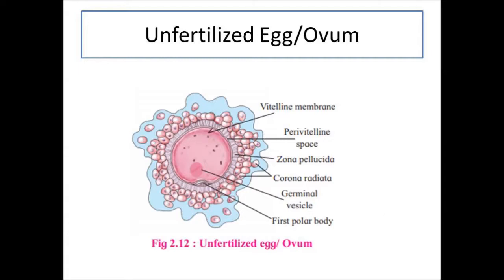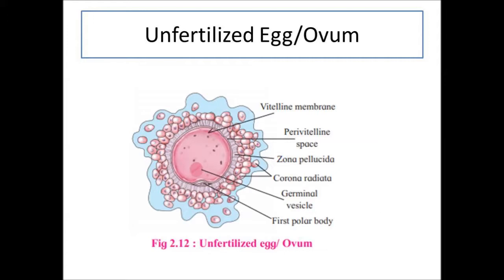The egg membrane is called the vitelline membrane. It secretes a non-cellular glycoproteinous membrane, the zona pellucida, on its outside. Adhering to the outer surface of the zona pellucida are several radially elongated cells forming the corona radiata.